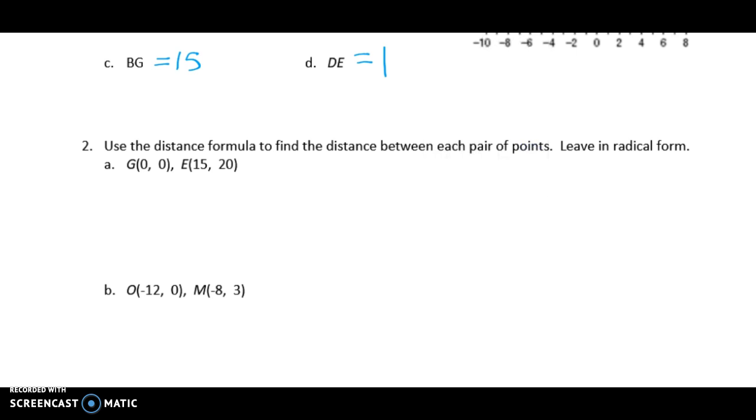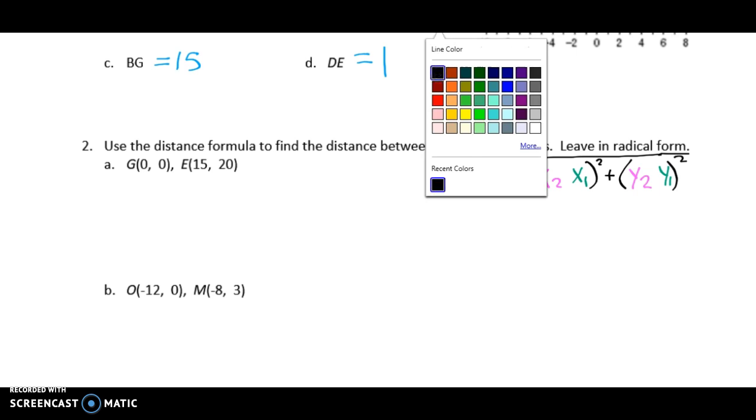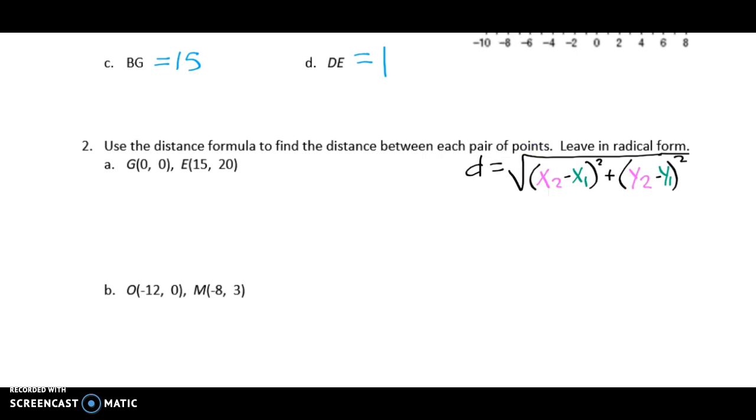So the first thing, that distance formula, you recall, this is our distance formula.